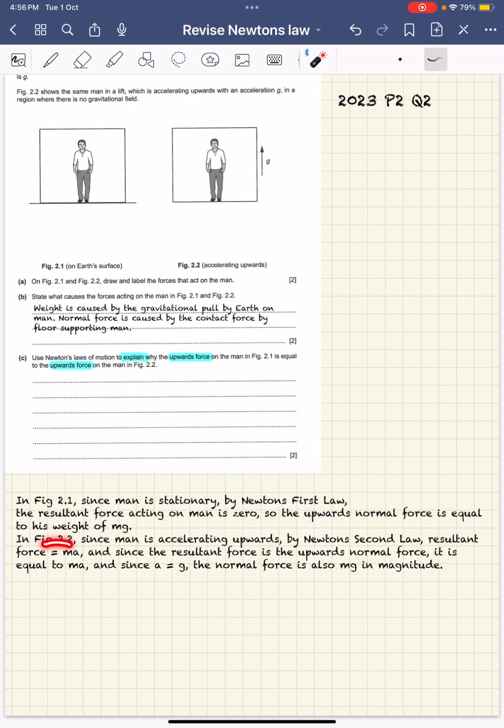Now in figure 2.2, since the man is accelerating upwards, by Newton's second law, the resultant force equals ma, and since the resultant force is only the upward normal force, it is equal to ma, and since a equals g, the normal force is also mg in magnitude. Alright, and this question is done.